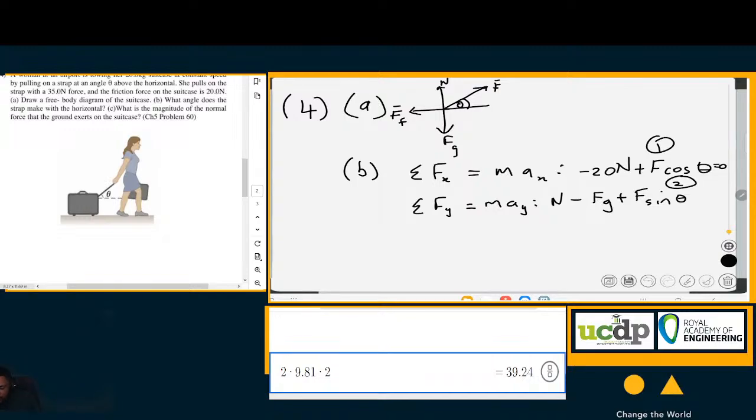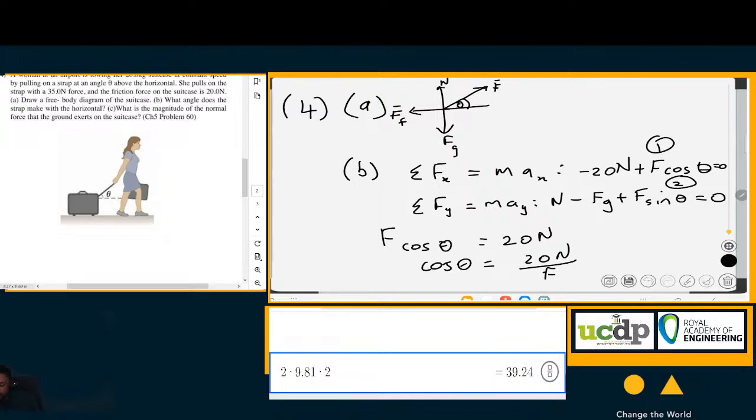Okay, and if you work out F cosine of theta, if you rearrange that, F cosine of theta is equal to 20 newtons. So cosine of theta is equal to 20 newtons divided by the force.